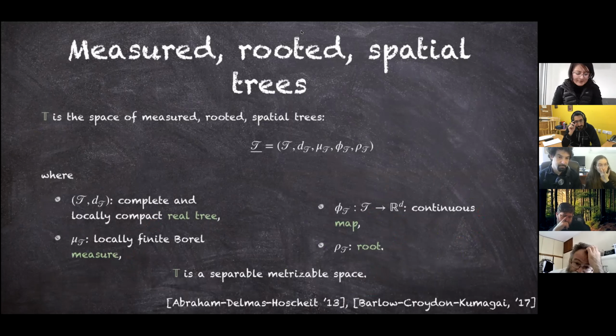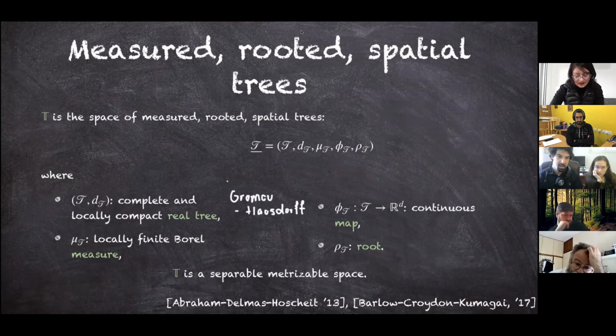So here it may look a little bit complicated, but each part has a natural metric structure. Because if we have a space of trees, or even of just metric spaces, we naturally can compare two metric spaces with the Gromov-Hausdorff distance, well, the locally compact version of it.